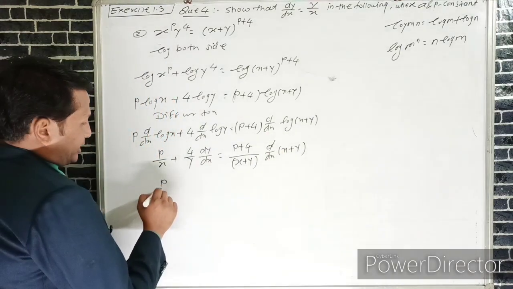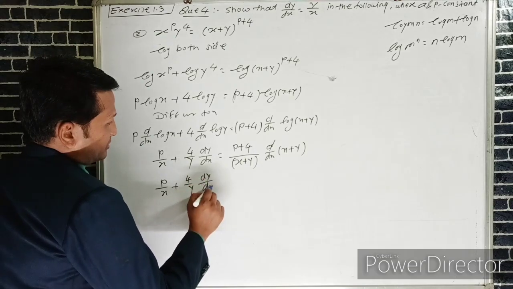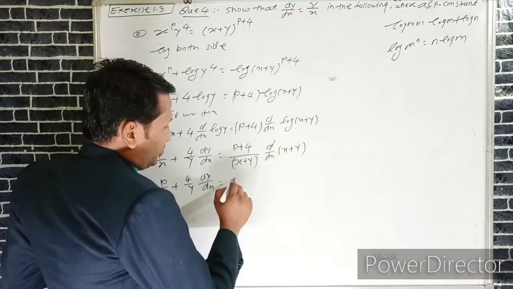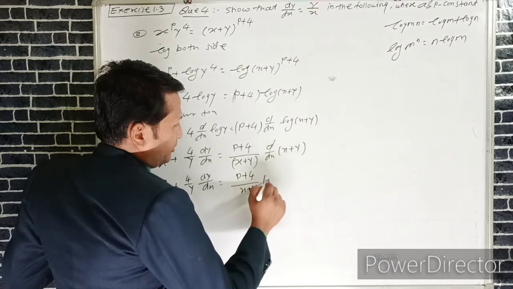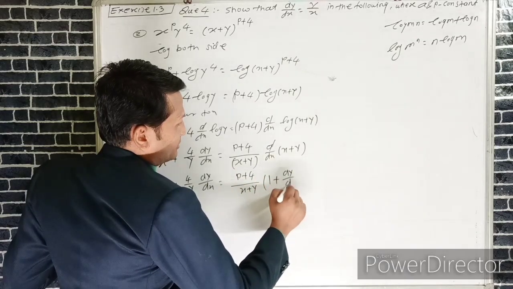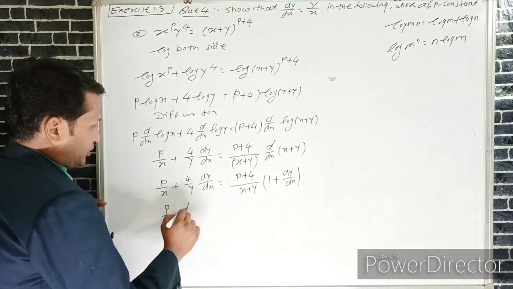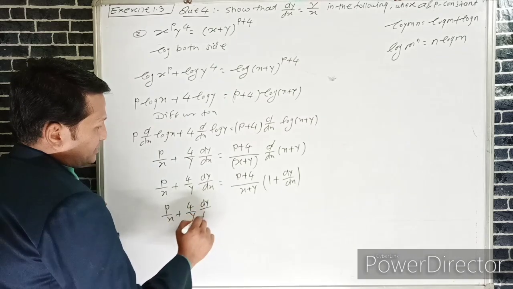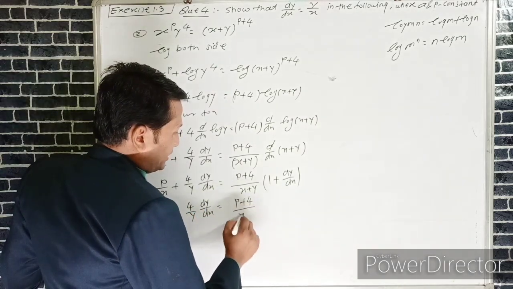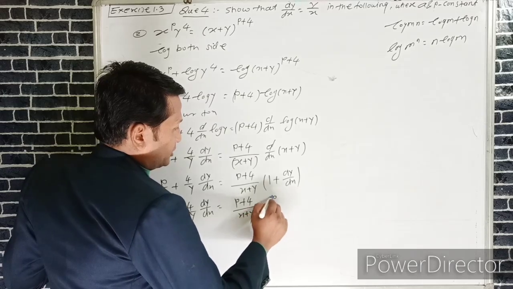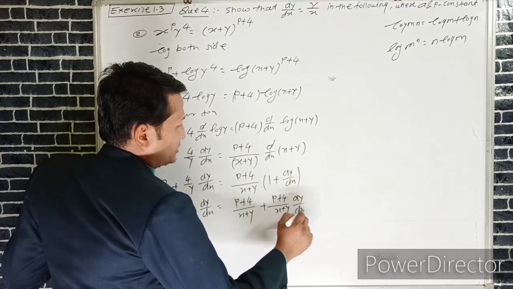Here p by x plus 4 by y dy by dx is equal to p plus 4 upon x plus y, derivative of x is 1 and y is dy by dx. Here p by x plus 4 by y dy by dx is equal to p plus 4 upon x plus y plus p plus 4 upon x plus y into dy by dx.